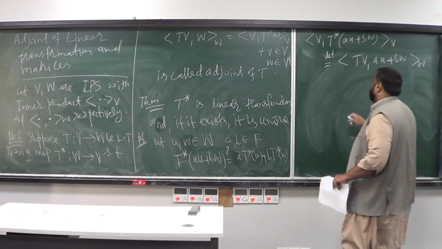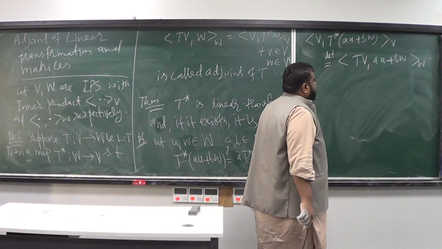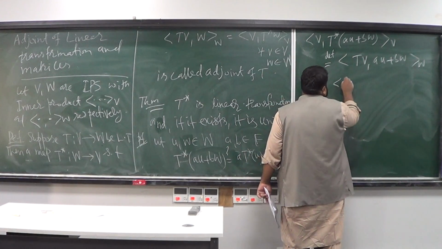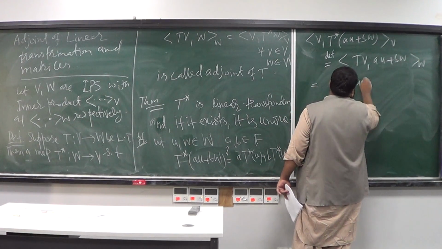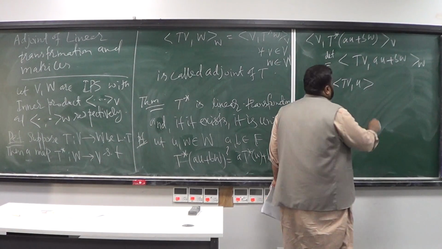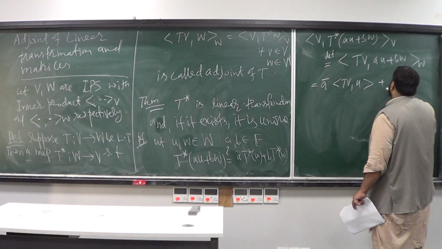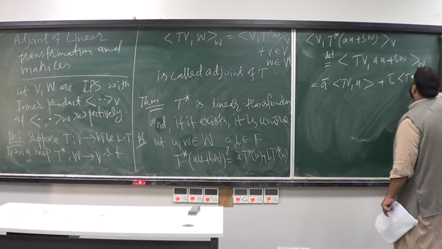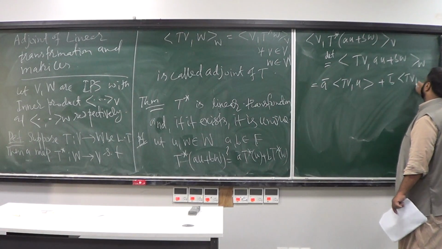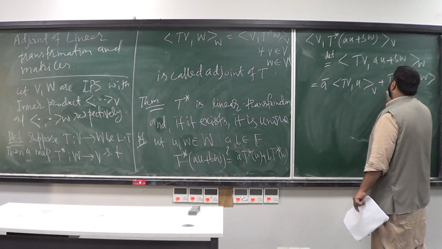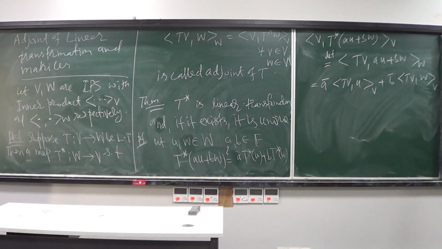And then what you can do, obviously, I can use the linearity in the second component, so I can say that this is going to be the same as T V, U. I can pull this a out, so it's going to become a bar, plus b bar, T V, W, in the inner product of V. This is what you're going to get.